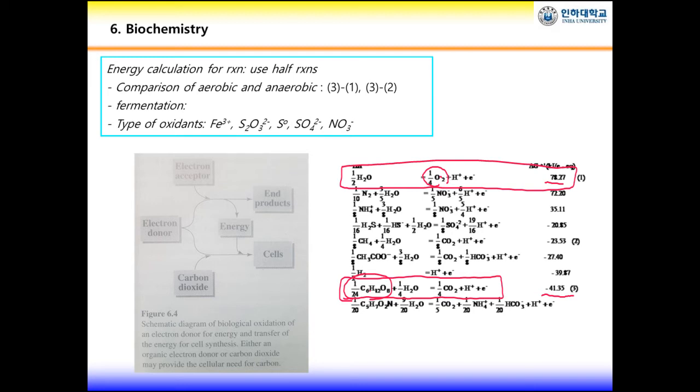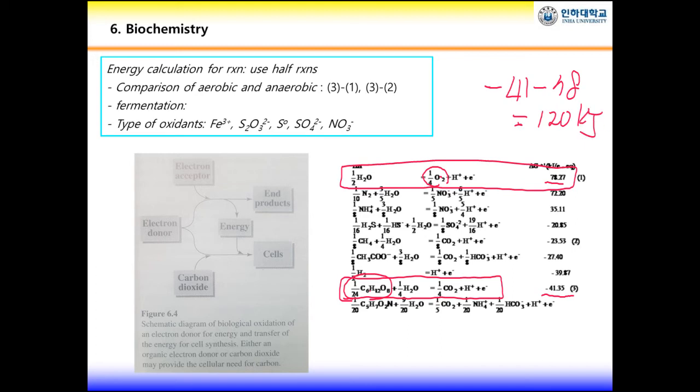Then the free energy available from this reaction is about minus 41 minus 78, so about minus 120 kilojoules.